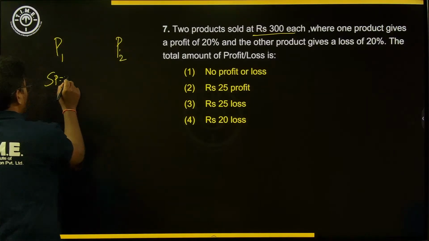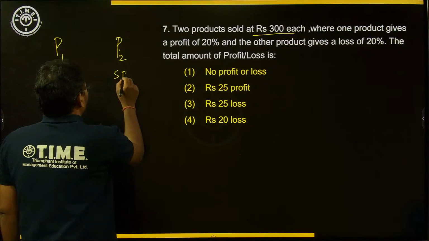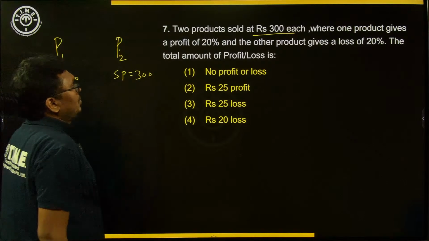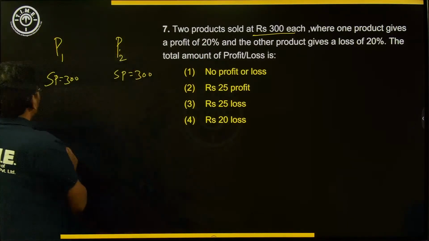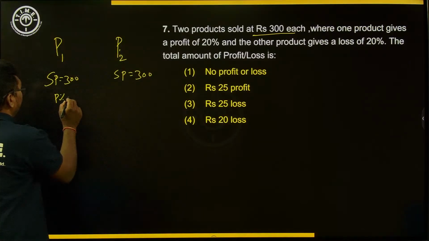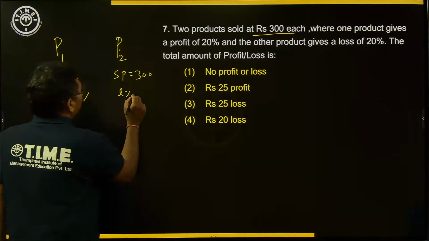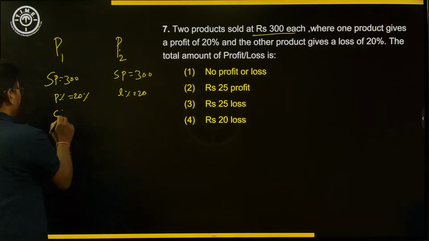Selling price is 300. For the second product also 300, right? So when one product gives a 20% profit, here profit percentage is 20 and here loss percentage is 20. So we have to find the CP in each case.